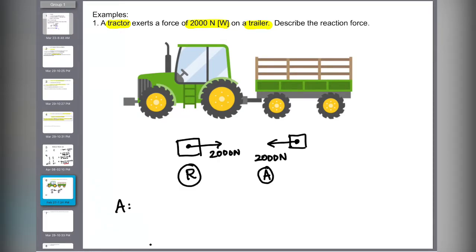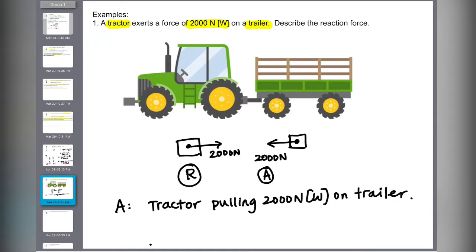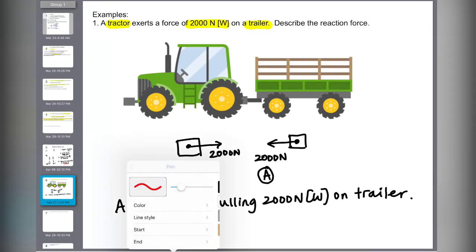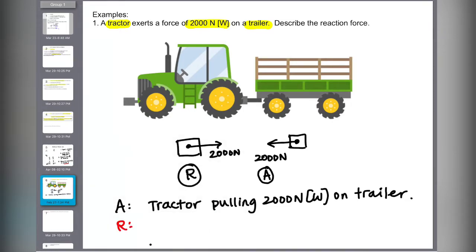Let's write this properly. The action force is the tractor pulling 2,000 newtons west on the trailer. To write the reaction force, you can very easily take the two objects, swap their positions, and change the direction to the opposite.